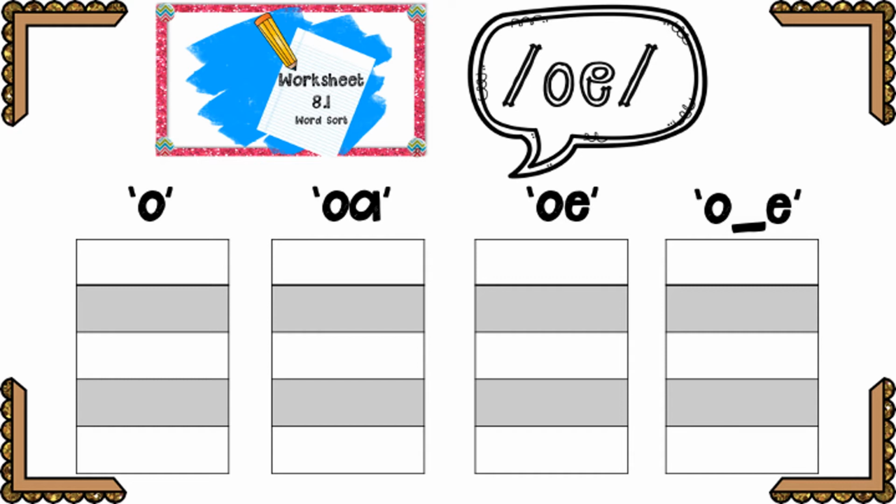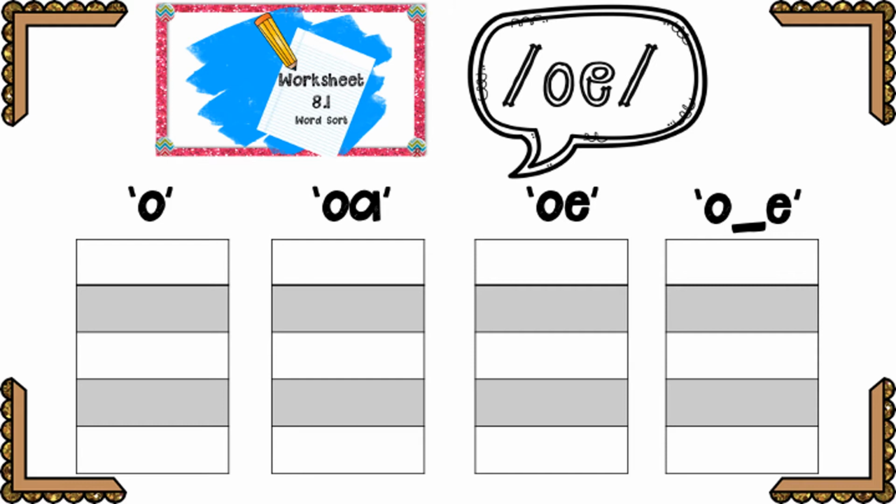Now be sure when you pick which column for each one of these to go into that you check them off or you circle them as you use them. So right now we've got an example for each column. So the first column with the O, we've used the word go. So find the word go at the top in your word bank and circle it. So that way we know we've used it. The next one is foal. Find it at the top of your page and circle it.